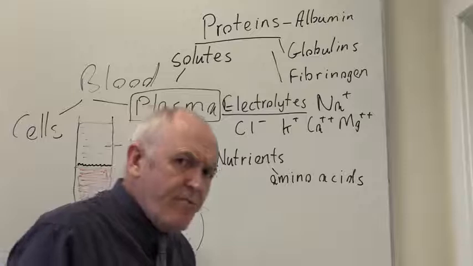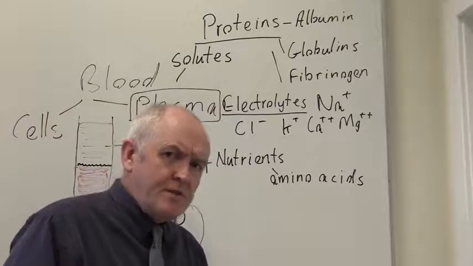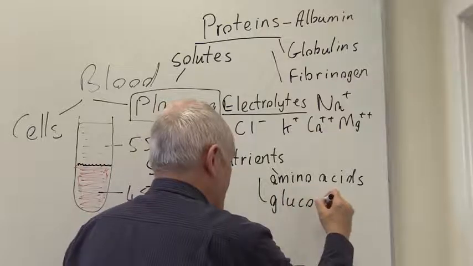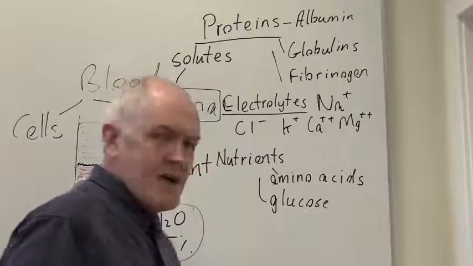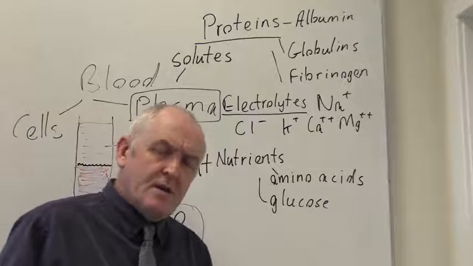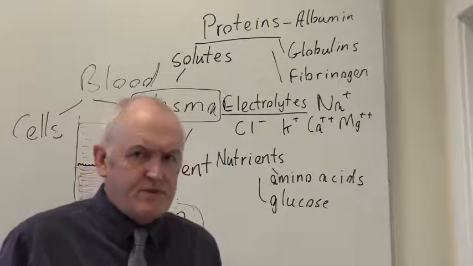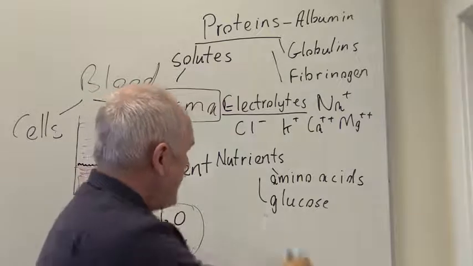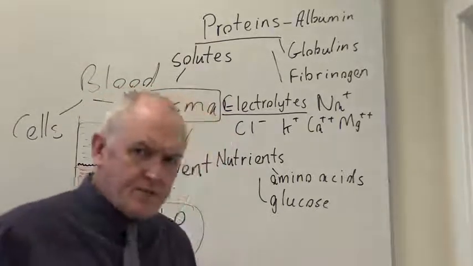And of course, it's very important that there is glucose in the blood. Now, various monosaccharide sugars are absorbed from the gastrointestinal tract into the blood, but the only one you're going to find in the blood is glucose.